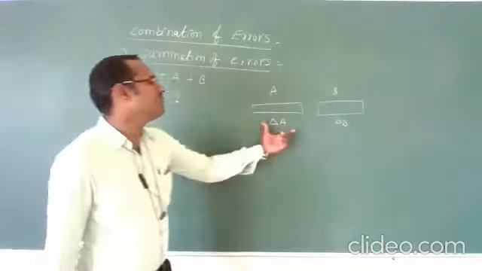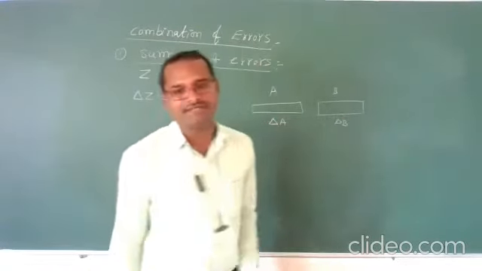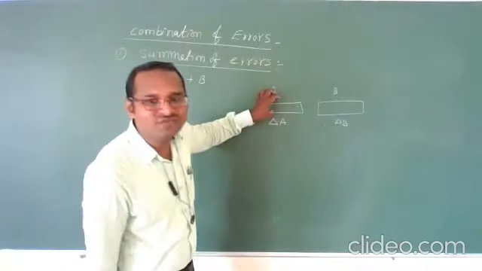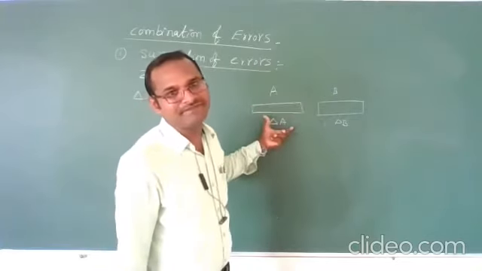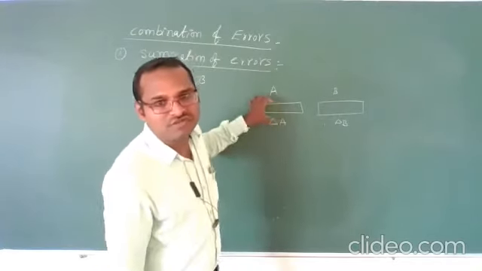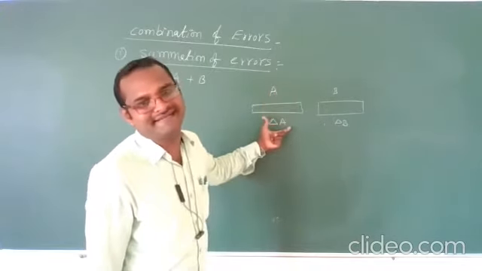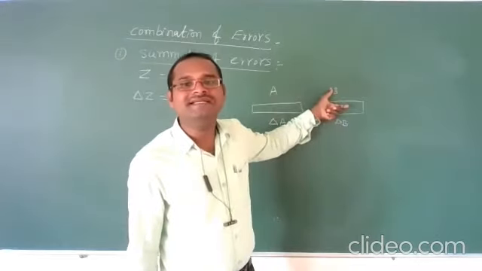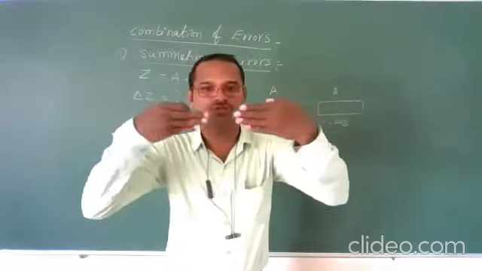Individually I have delta A, and for the second rod individually I have delta B. Two rods are given to us. First rod original length is A, and absolute error in that length is delta A. Second rod original length is B, and absolute error in that length is delta B. Now we have to add these two.